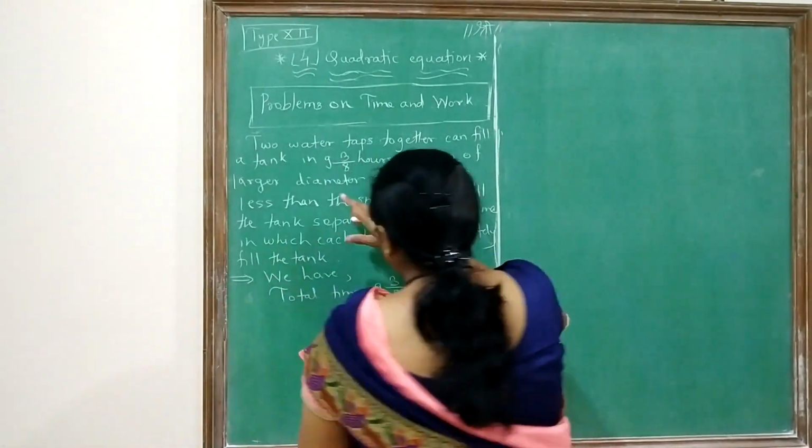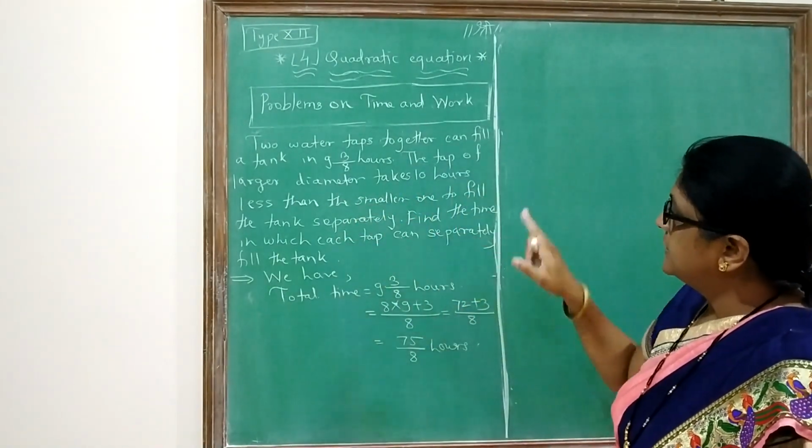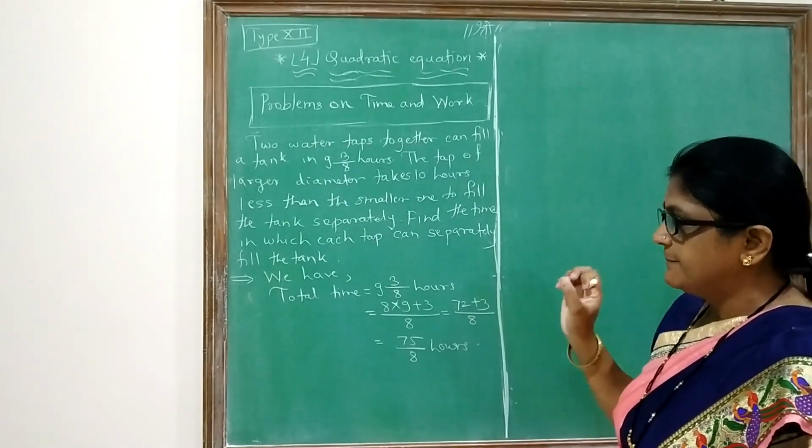The tap of larger diameter takes 10 hours less than the smaller one to fill the tank separately.